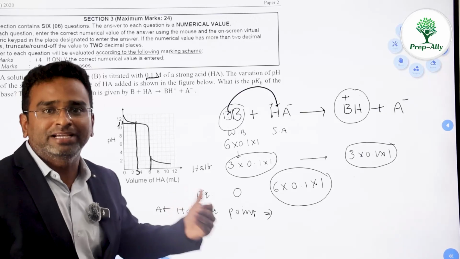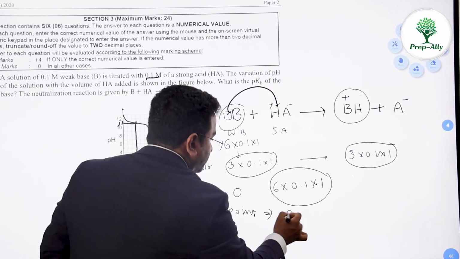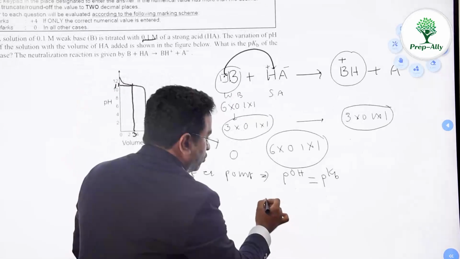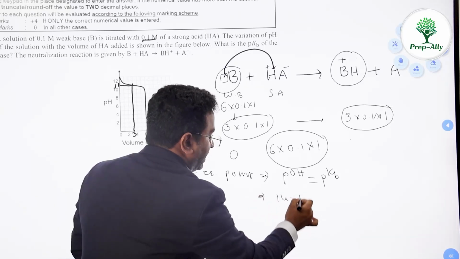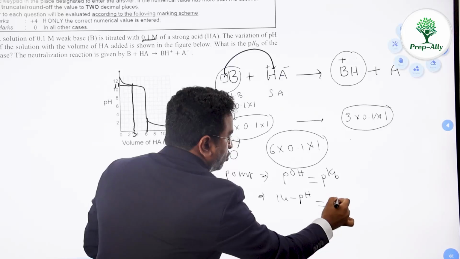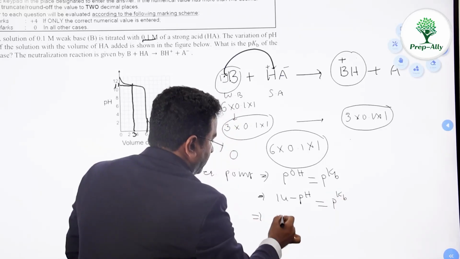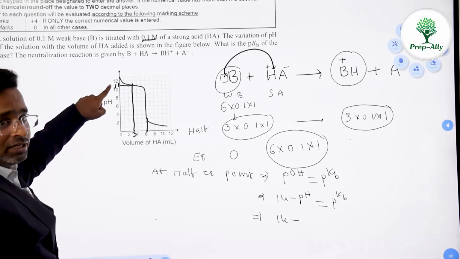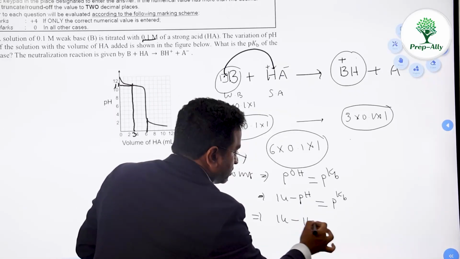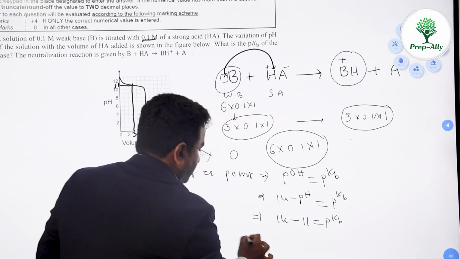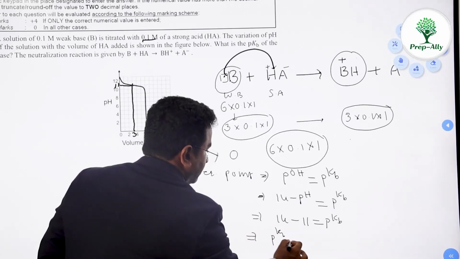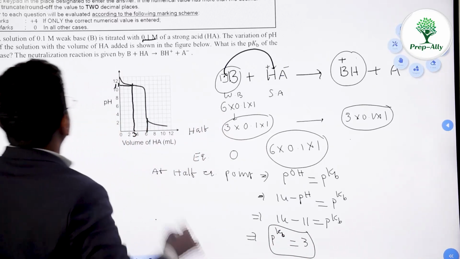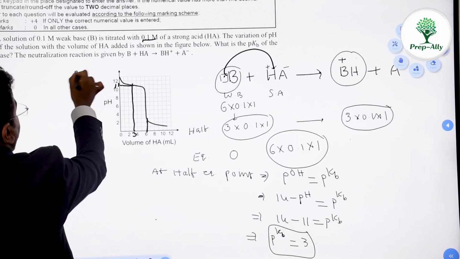That's the reason the log term is eliminated. So pOH becomes equal to pKb. pOH is equal to 14 minus pH, that is equal to pKb, and the pH corresponding to half equivalence point, as already discussed from the graph, is 11. So pKb value comes out to be 3. So the answer is 3.